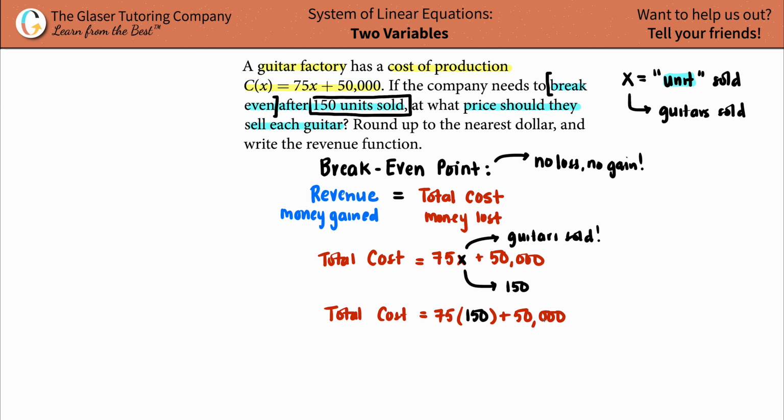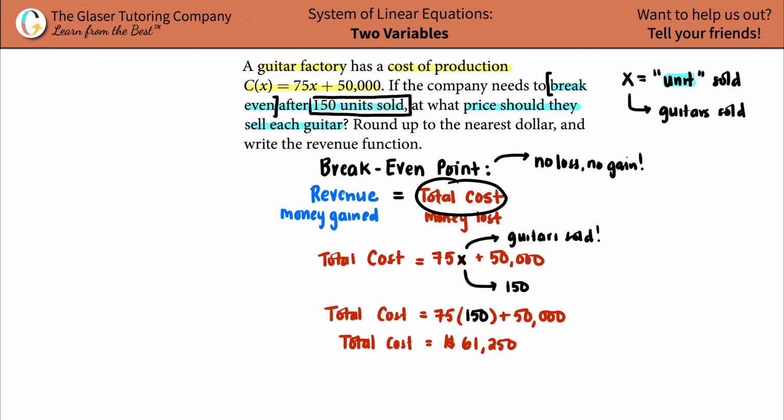So if we just do that real quick, 75 times 150 plus 50,000, my total cost to break even is $61,250. So that's my loss.